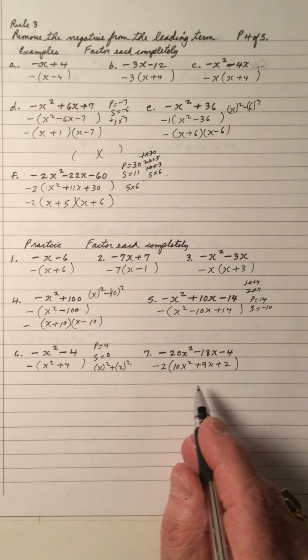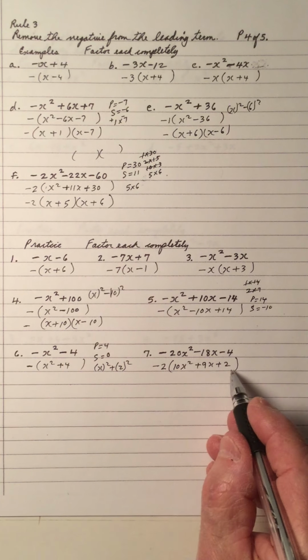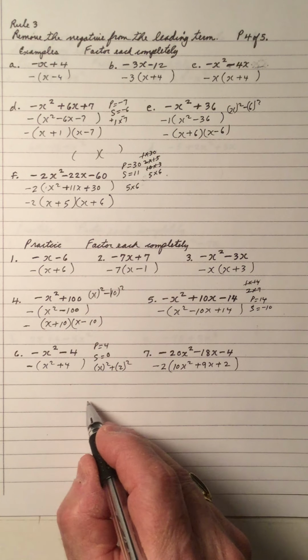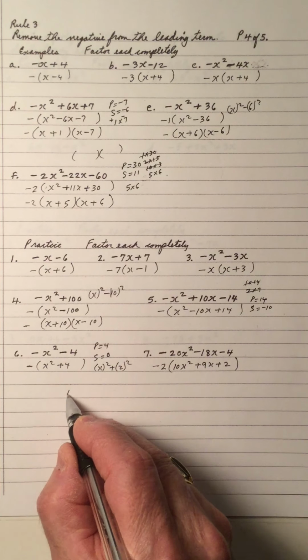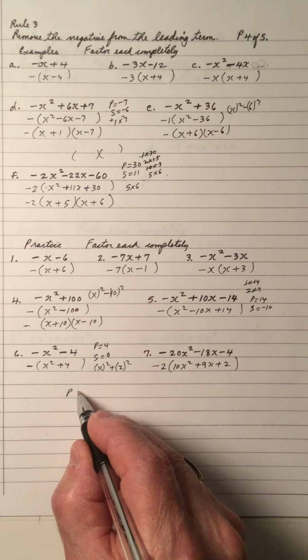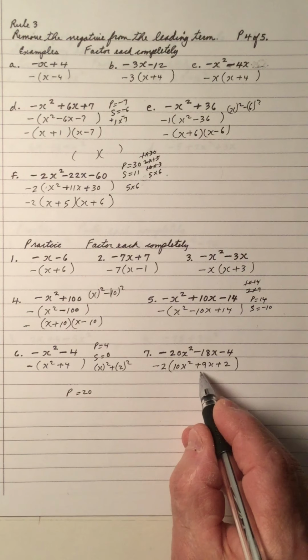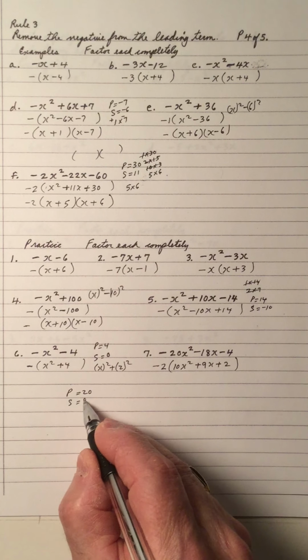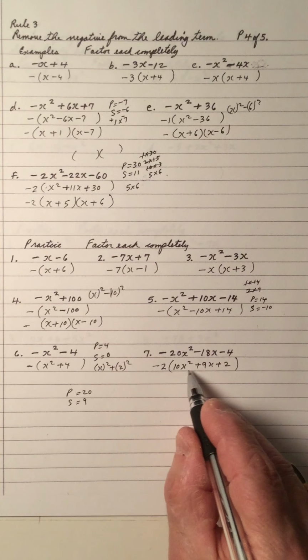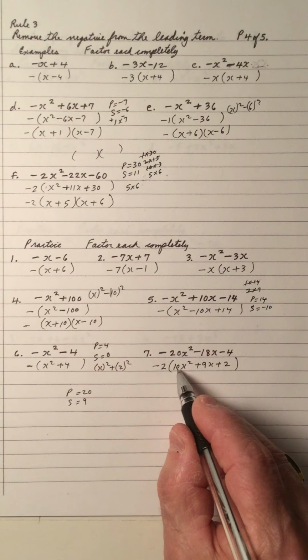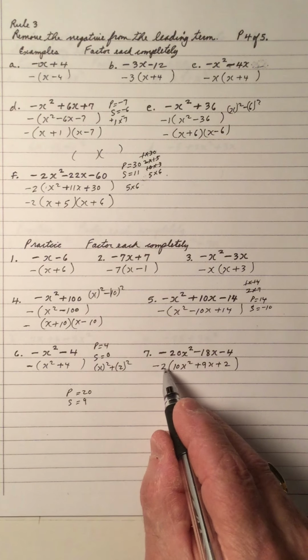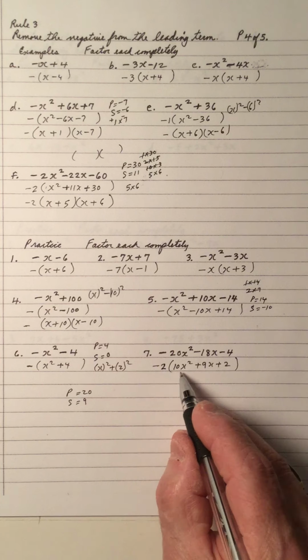Can this factor further? So now I got some work to do on this one. So let me put that down here and work it out. Let's see. The product is a 20. The sum is a 9. Because I took a 2 out, but that's the highest number that can come out is a 2.